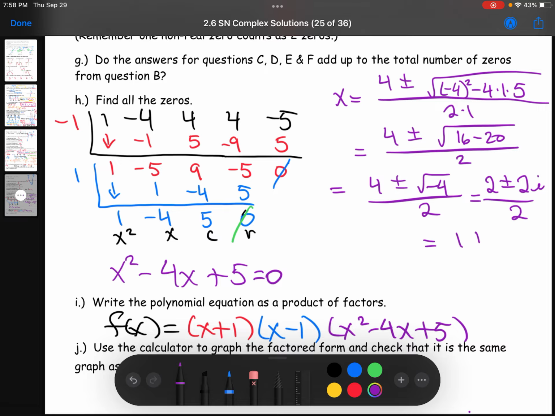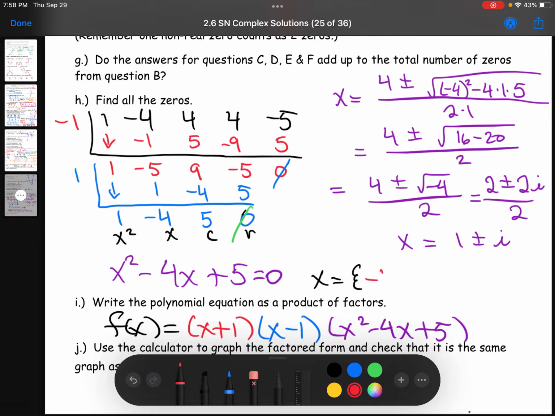Now, we do need to divide all of this by 2. So we get 1 plus or minus i. That is our pair of imaginary solutions. Those are our two complex solutions.